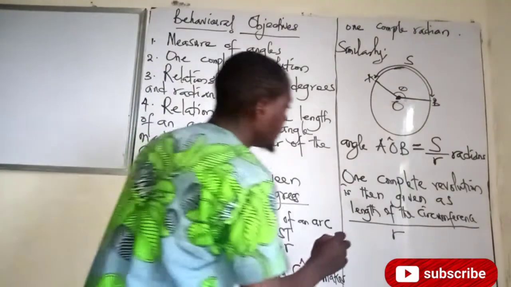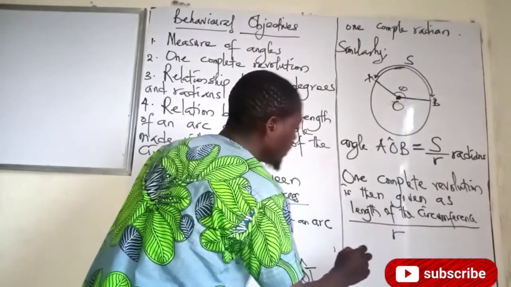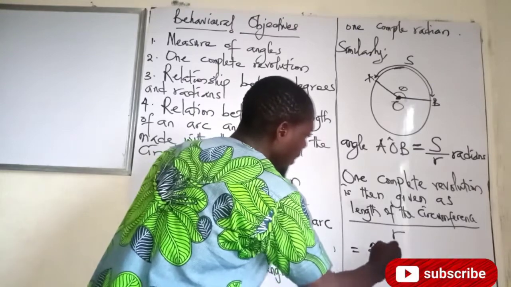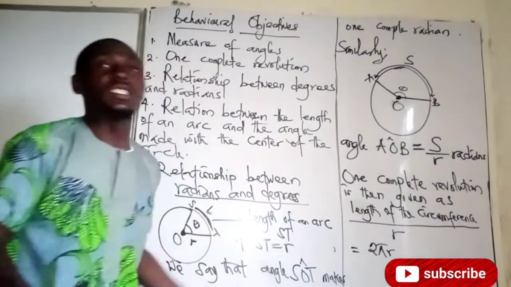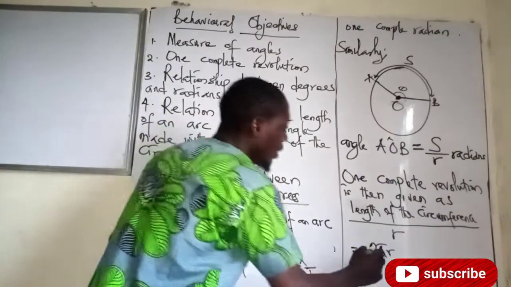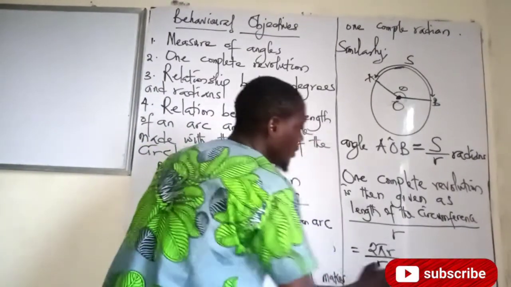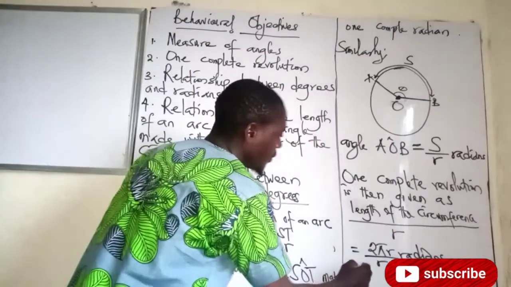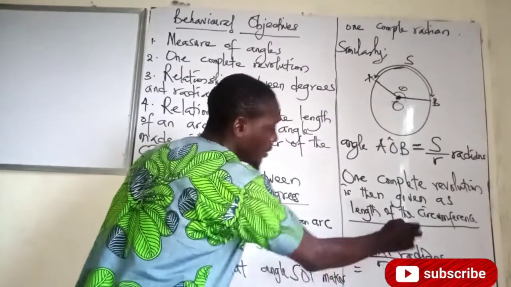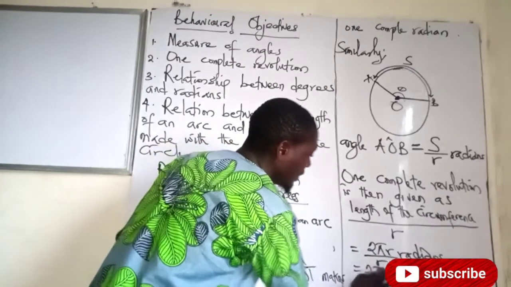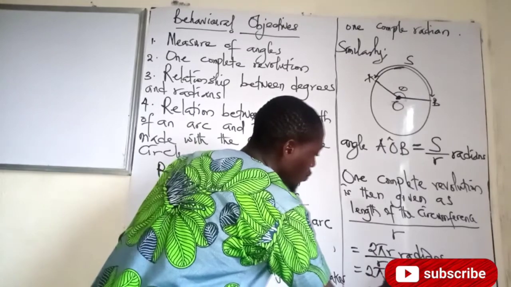So we have the length of the circumference equals what? 2 pi r, which is the formula for the circumference of a circle, all over r. We are relating it with the radians, so 2 pi r over r, we can cancel r. So we have 2 pi radians.